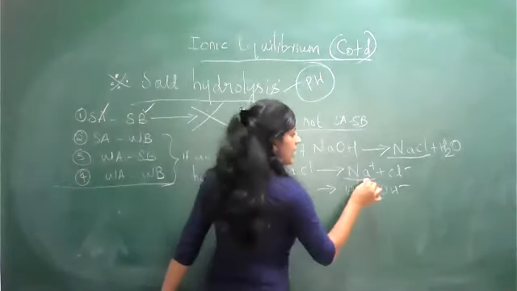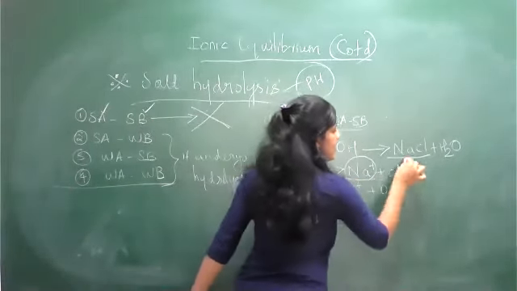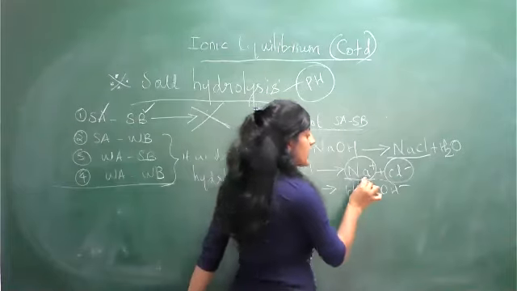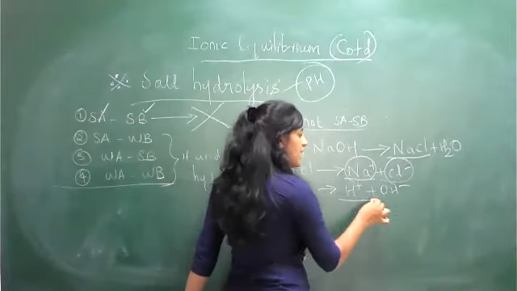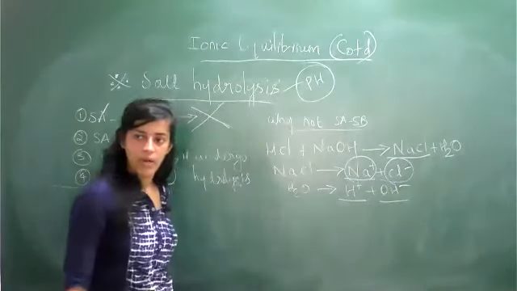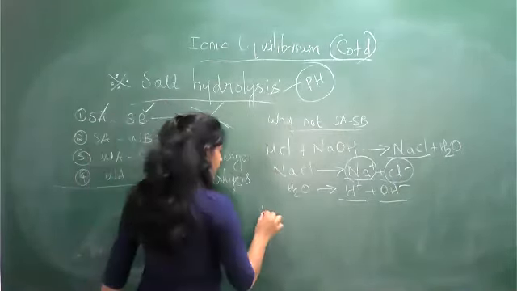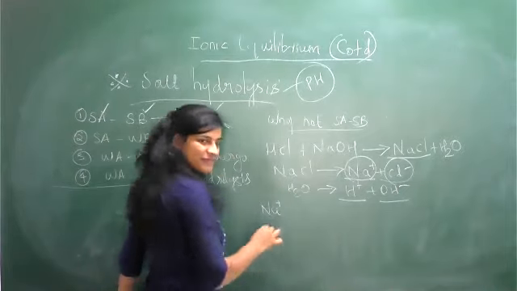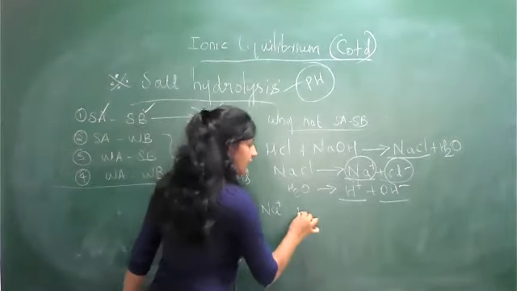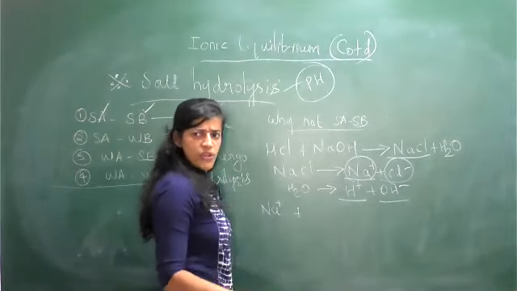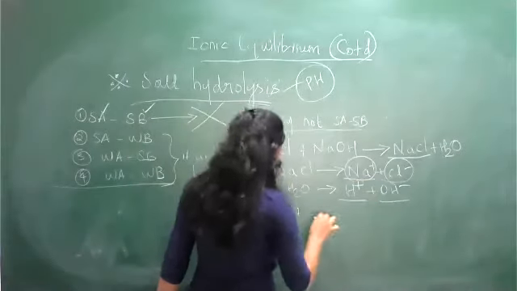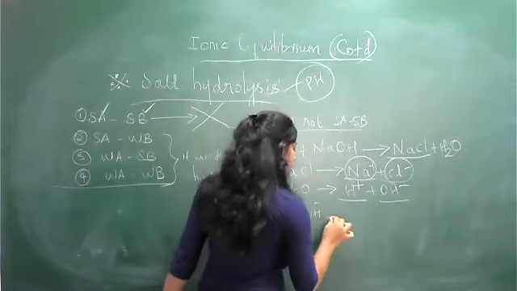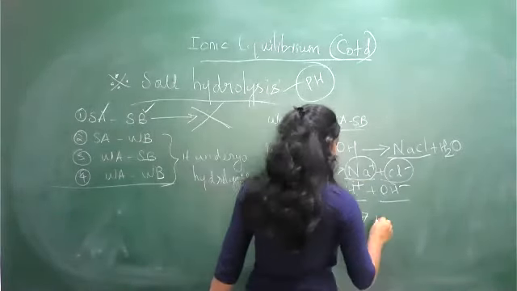So the salt contains Na plus ion as well as Cl minus ion. How are these two ions interacting with H plus and OH minus? We are checking now, one by one. First we take the Na plus ion interacting with OH minus ion. We will get what, students?